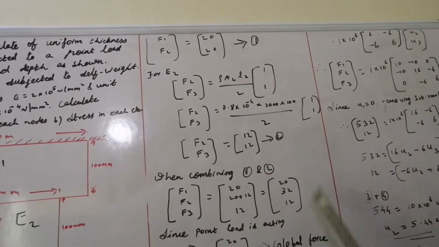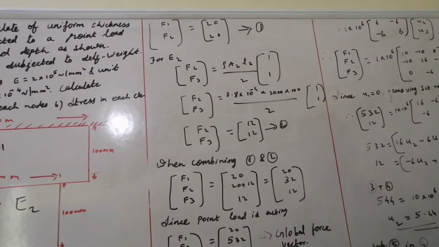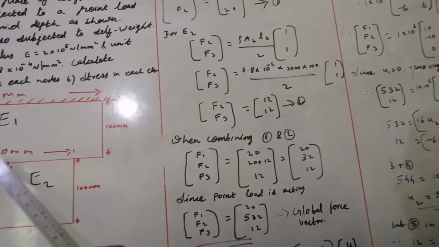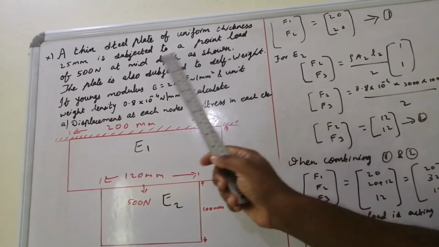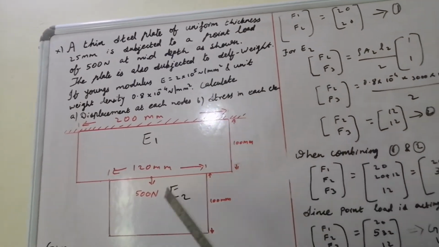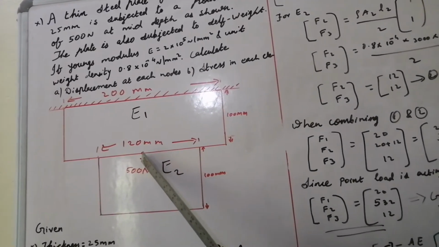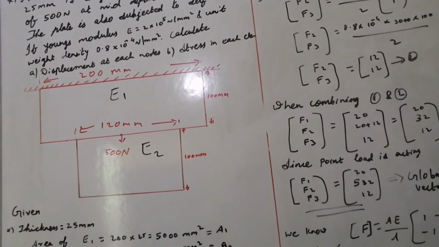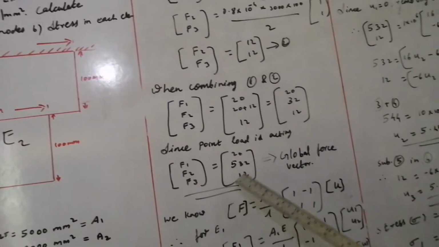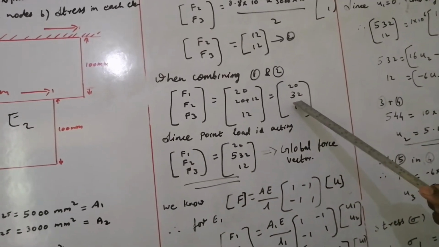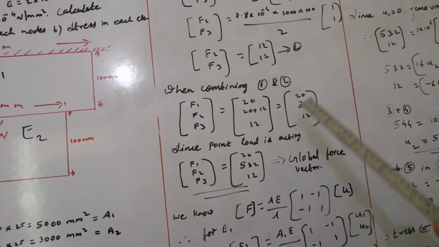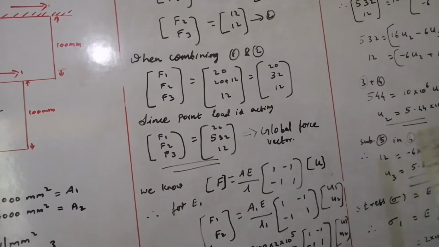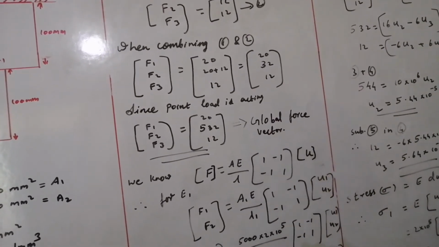So we will get 20, 32, 12. But we know that there is a point load of 500 Newton at mid depth. This should also be included for F2. So while including the point load, we add 32 plus 500, which is equal to 532. And thus we get the global force vector.